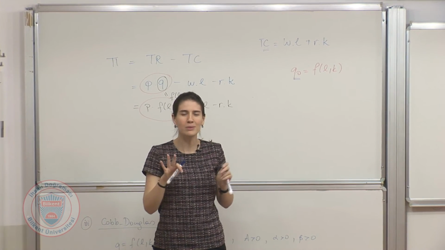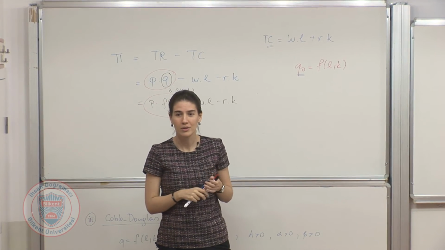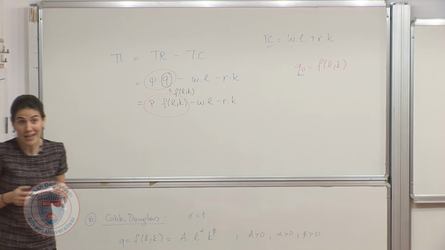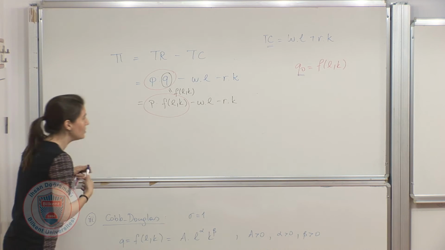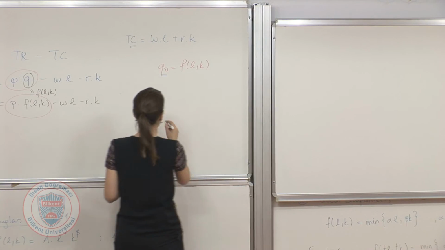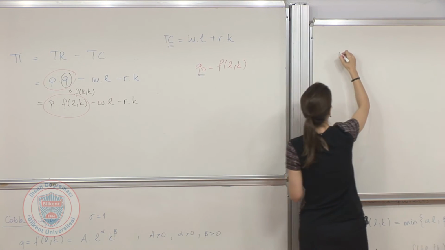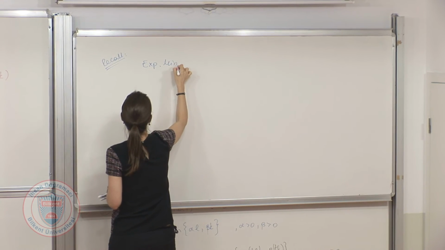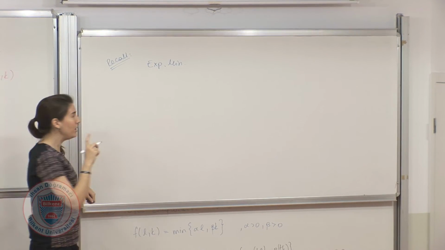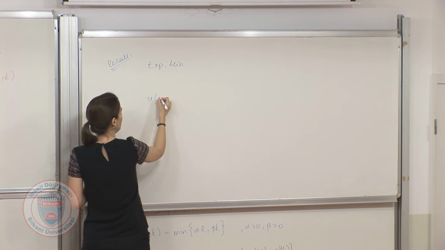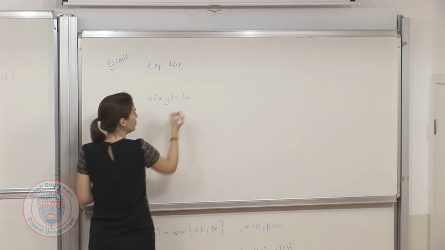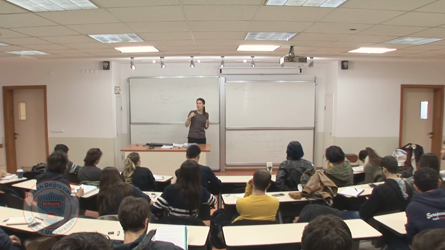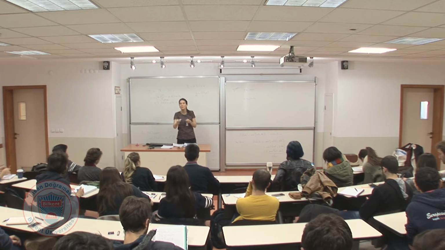So this problem, does it look familiar to you? To the expenditure minimization, right? Remember, in the expenditure minimization, we asked this question. Let's recall, expenditure minimization. There, hocam, we wanted to achieve this utility level, U of x, y equals U0 or U bar, right? And we wanted to obtain this utility level by spending the minimal amount of money.